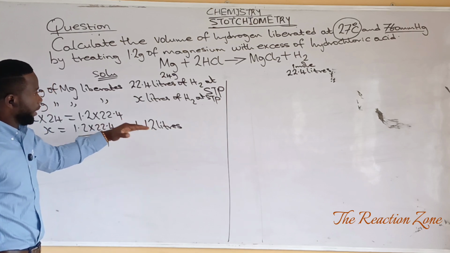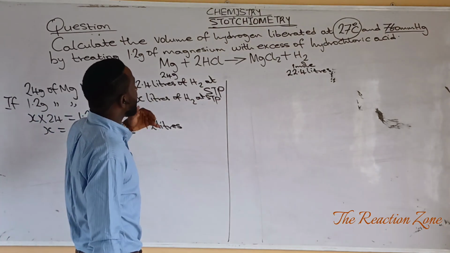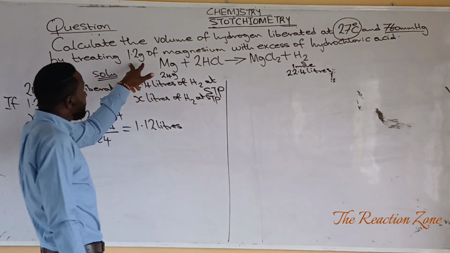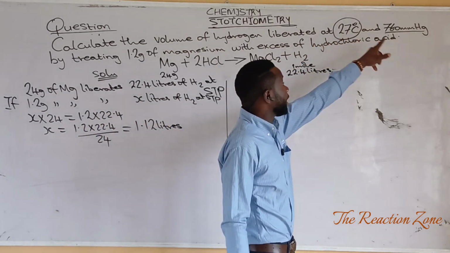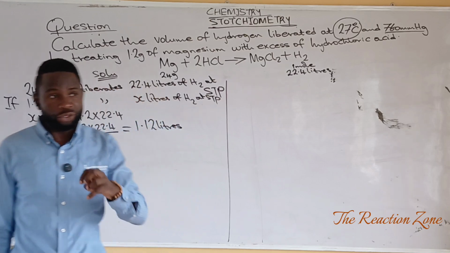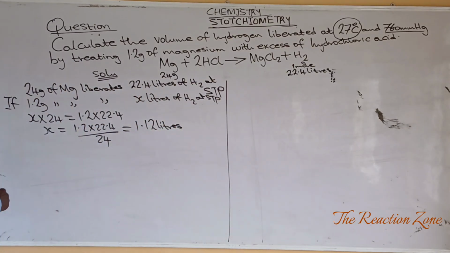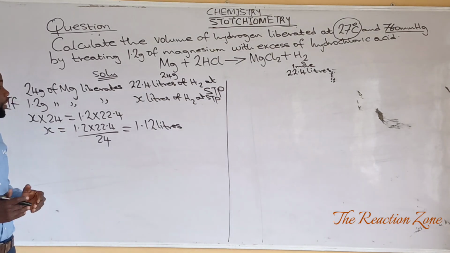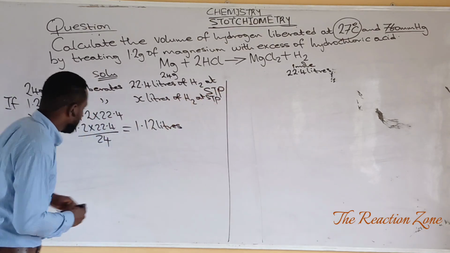Now that this is clear, we can now find the volume of hydrogen that is liberated by 1.2 grams of magnesium at 27 degrees Celsius and 760 millimeter mercury. To do that, we have to make use of the general gas equation. And we're going to have initial conditions and final conditions. The initial conditions will be the conditions at standard temperature and pressure.